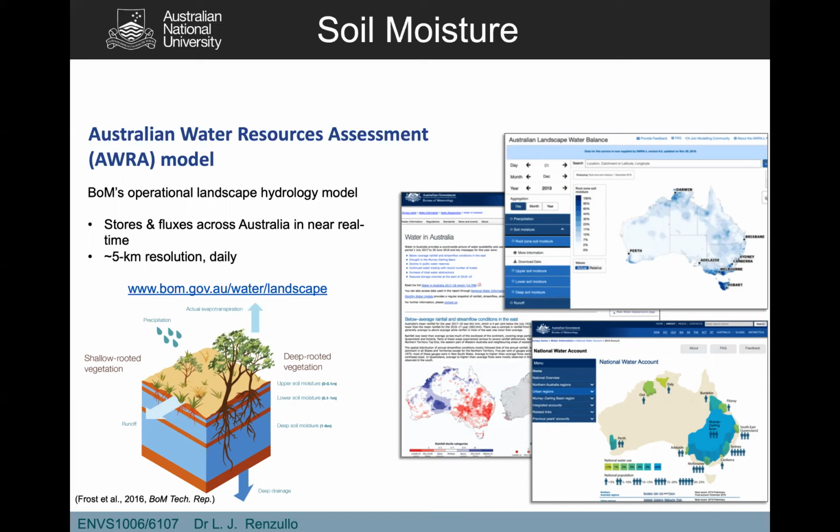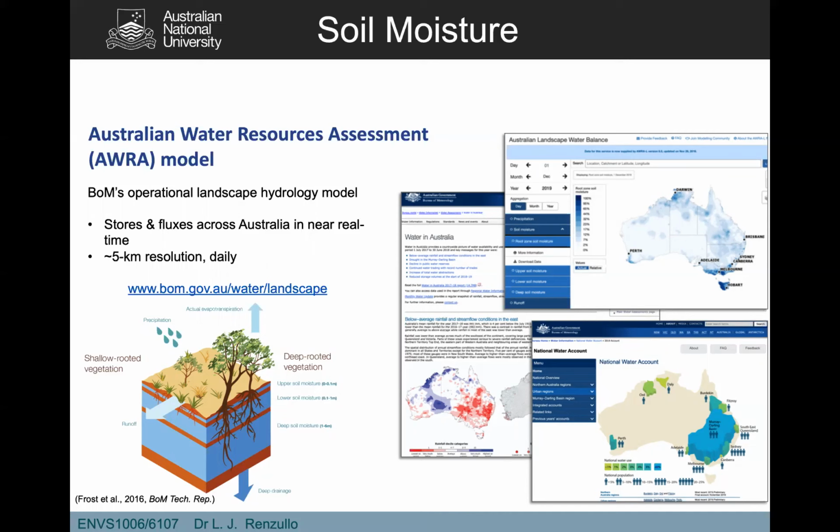In this case, it's called the Australian Water Resources Assessment Model, AWRA, and it's the current way that we get Australia-wide information products about the water in the soils, water on the landscape, the runoff in streams, and the evapotranspiration from the land. It all comes to you via this model work that we were part of over 12 years ago.